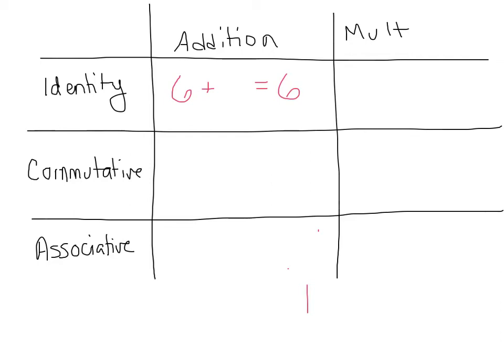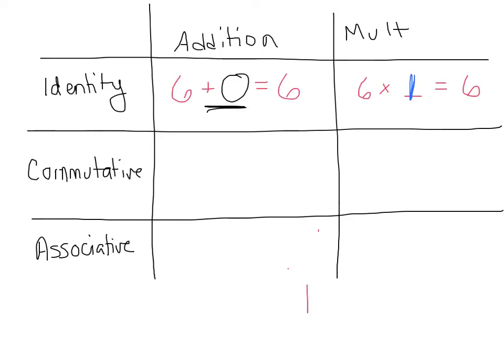In this case, I'm always going to be adding 0. So 0 is the identity property of addition. For multiplication, taking that same idea, 6 times what number would give me 6? In this case, 1 is the identity property of multiplication. This property will be very helpful when we start solving equations.